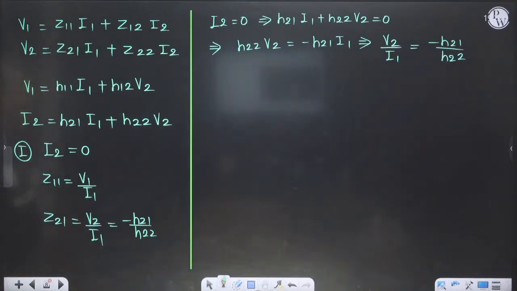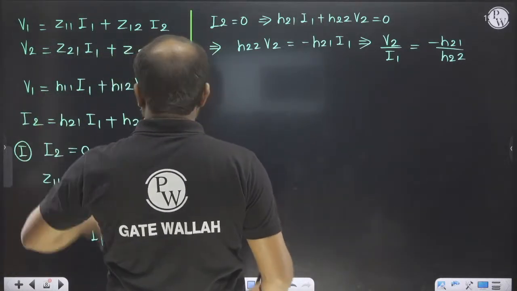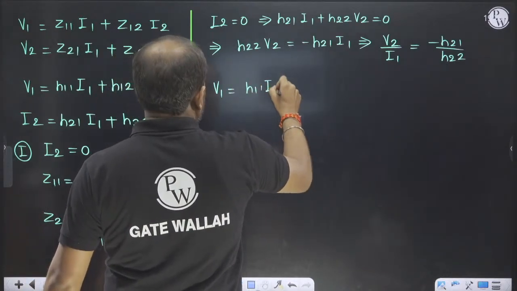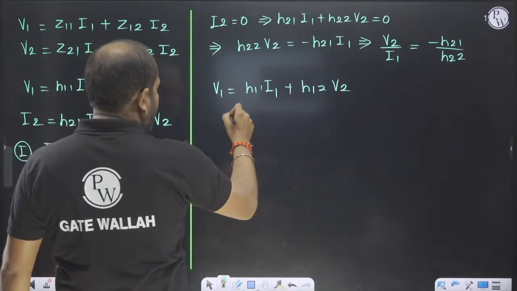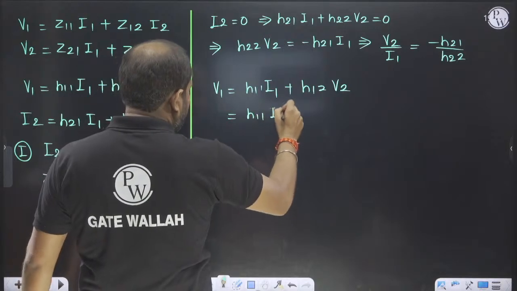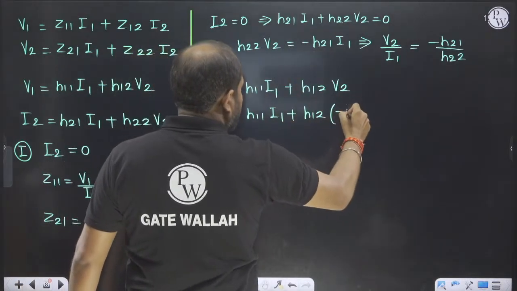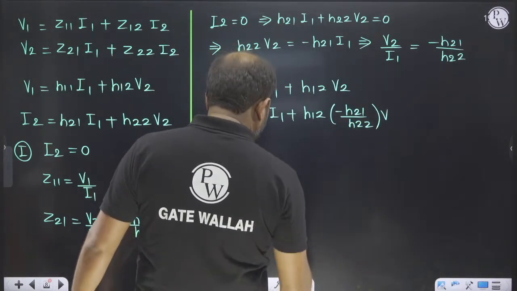Then we are going to derive V1 by I1. In this equation, V1 is equal to H11 I1 plus H12 V2. I will replace V2 in terms of I1. So H11 I1, H12, and in place of V2 it will be minus H21 divided by H22 into I1.